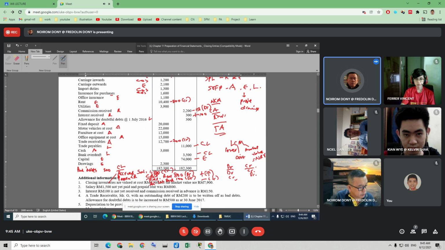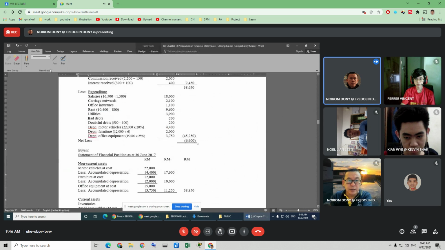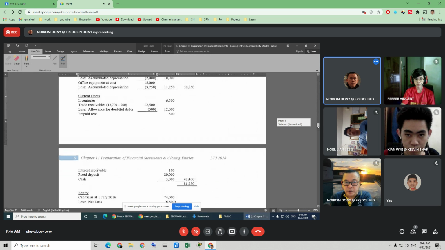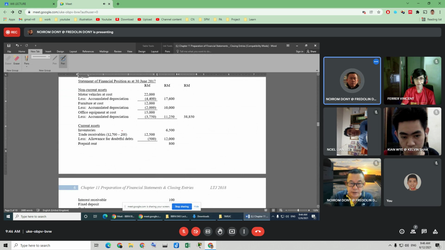Look at expenditure. Do you see bad debts there? 200. Okay, look at this. So we have bad debts there. This is debiting. And when we show in the current asset, we minus, this is credit.